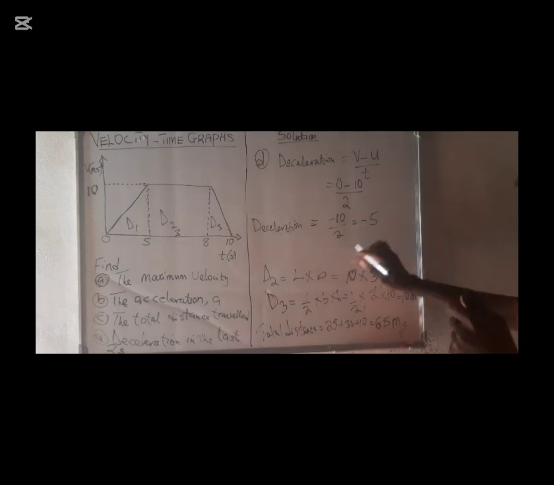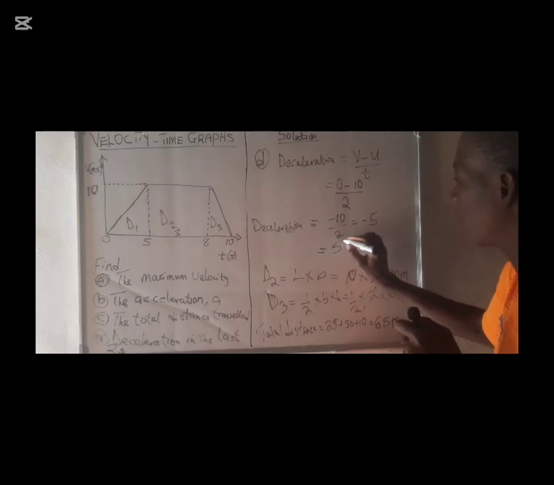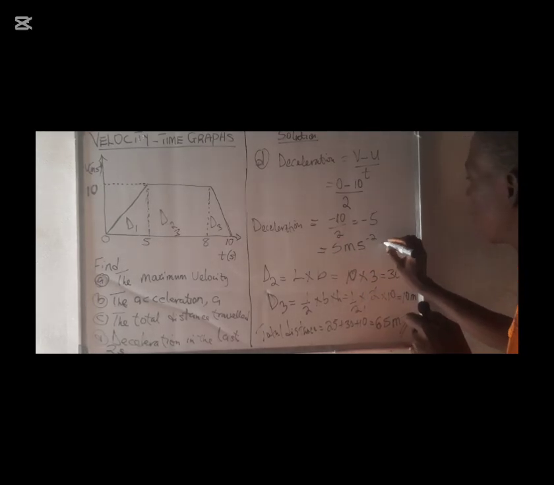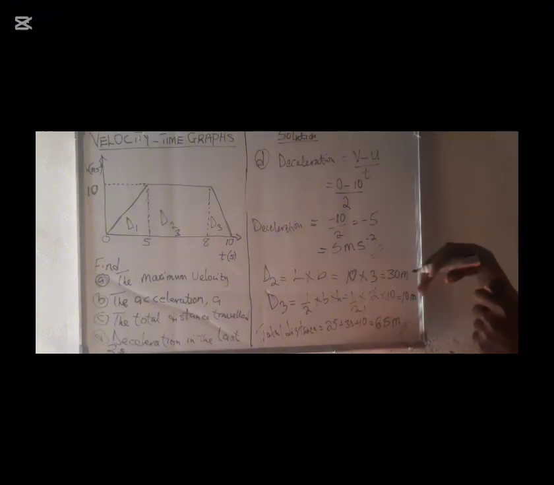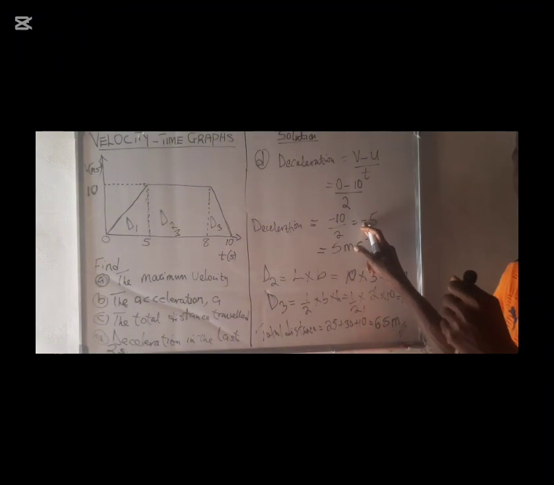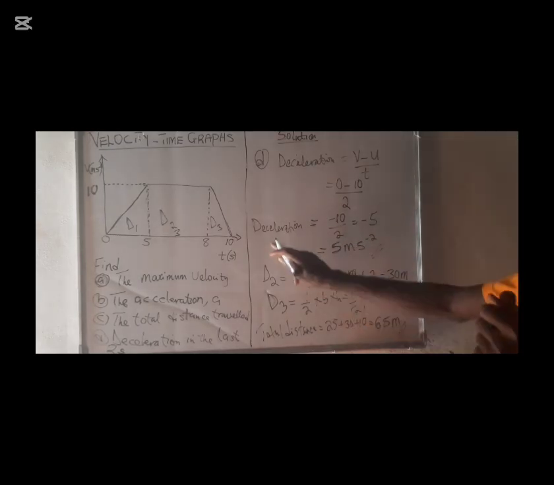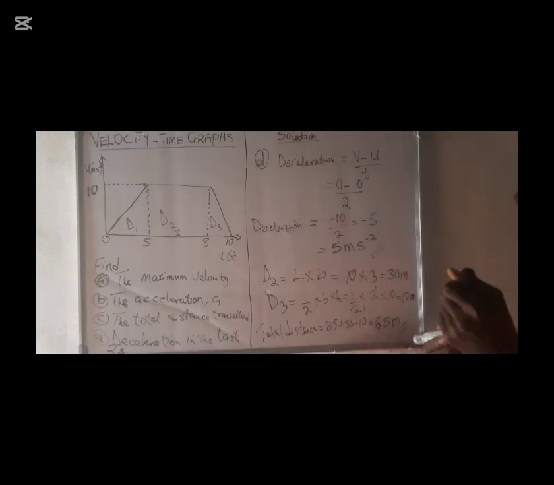So our final solution will be positive 5 meters per second squared. We remove the negative sign. So the deceleration is 5 meters per second squared.